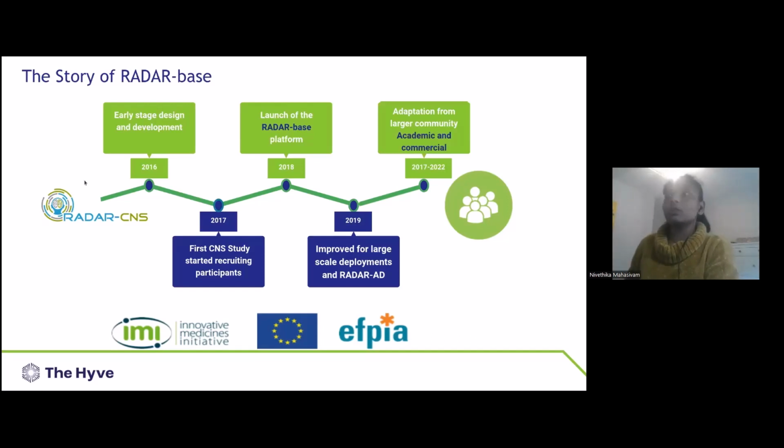So within Redder CNS, we had 3 different disease areas, and these 3 disease areas have really different natures of relapses, and what causes them is also different. So you need to look into different types of data modalities and functional domains to understand each particular disease.